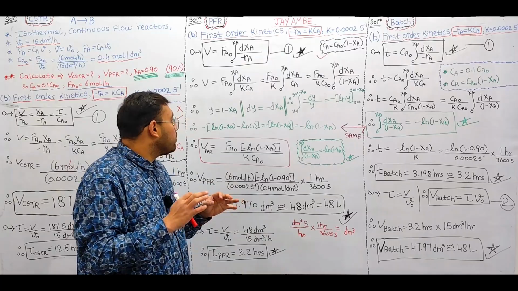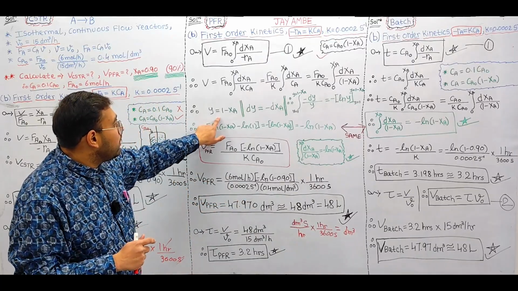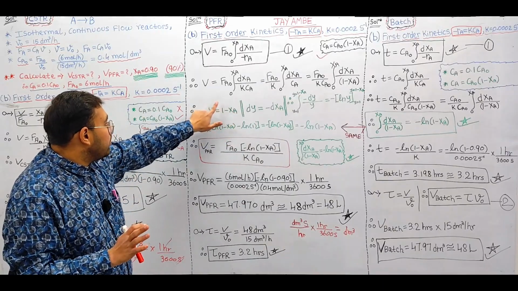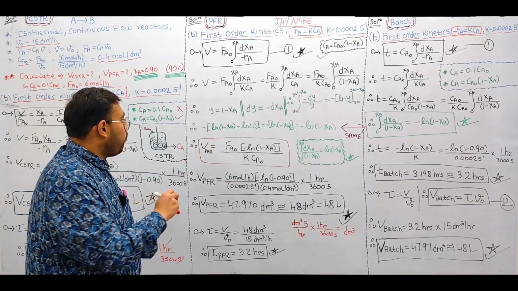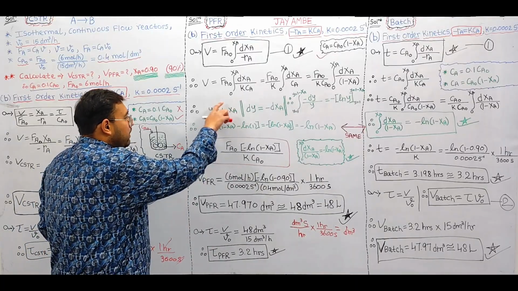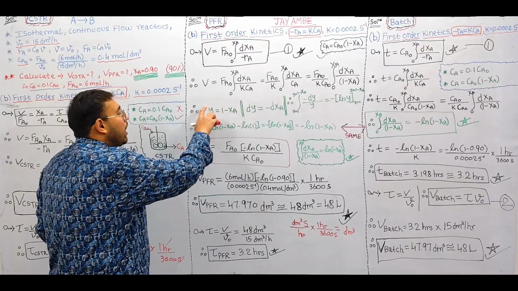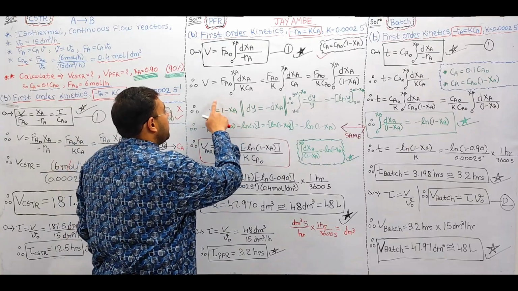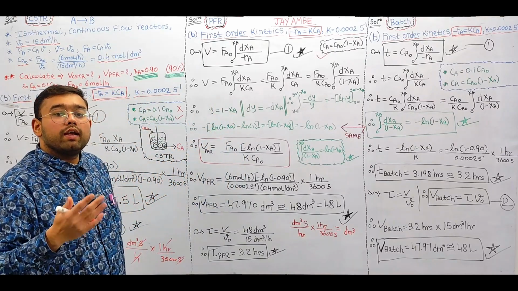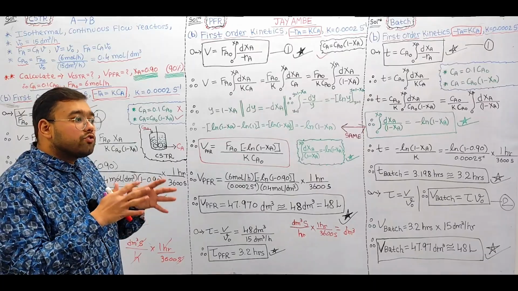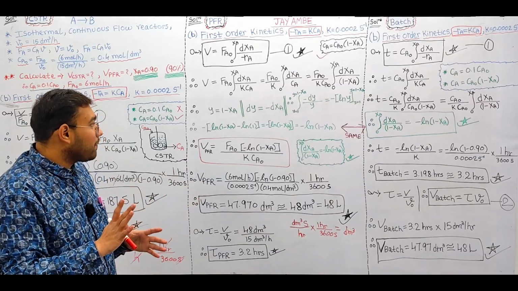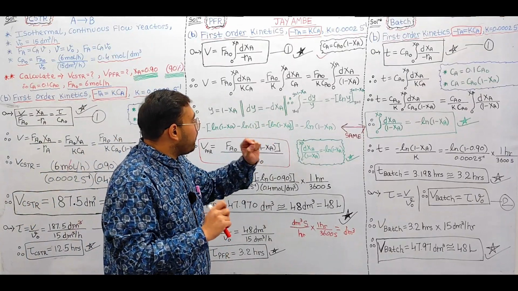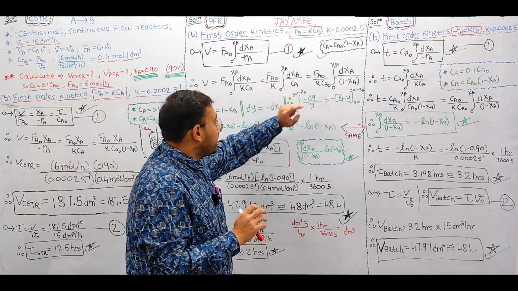So we can write the upper limit as y is equal to 1 minus XA, which represents the fraction of unreacted reactant A that is still remaining to react. I hope you have understood. So we can write the upper limit of y as 1 minus XA.